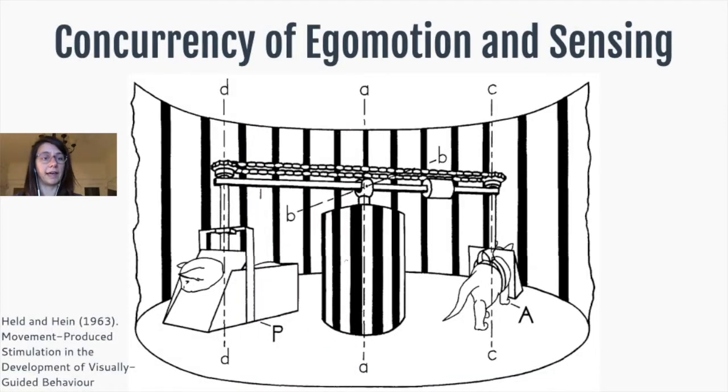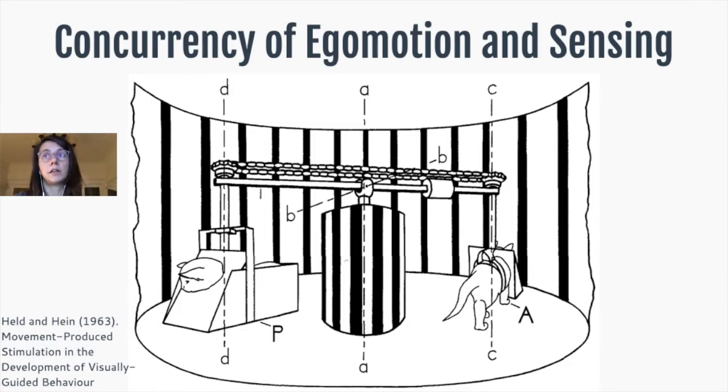Furthermore, there's also evidence that understanding the concurrency of egomotion and sensing helps to develop meaningful sensory-guided behaviors. Here is a visualization of an experiment done by Held and Hein. These two researchers raised a set of kittens in complete darkness, and these kittens were only exposed to daylight in this experimental setup that you see here.